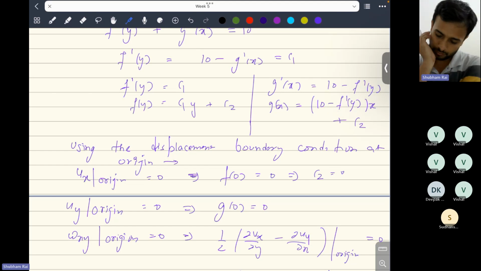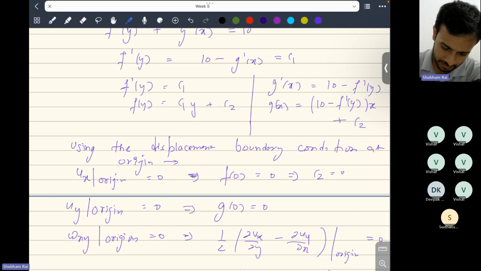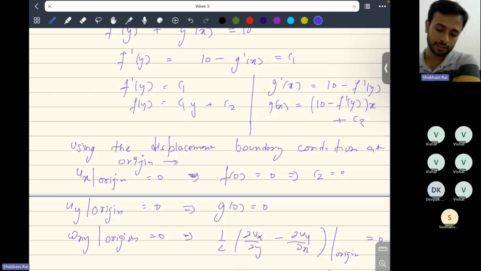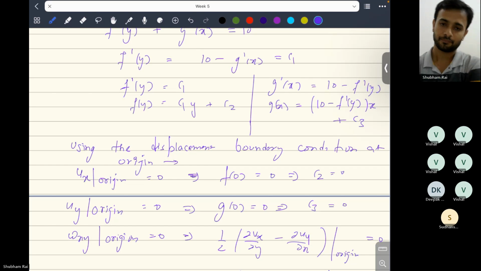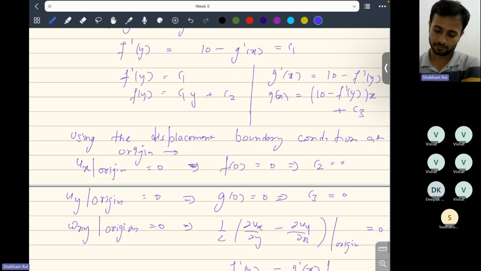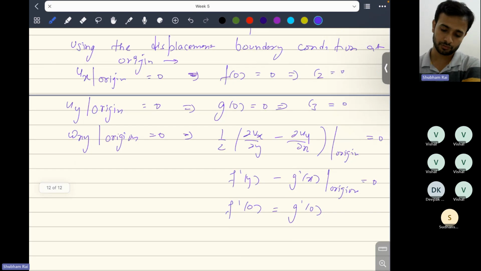It means c2, this is also giving you c2 equal to 0 actually. Okay, we can take c3 actually, this is not c2. It can be different from what you are getting in f. So here the integration constant is c3, because this can be different from these two constants, so here you will get c3 equal to 0.